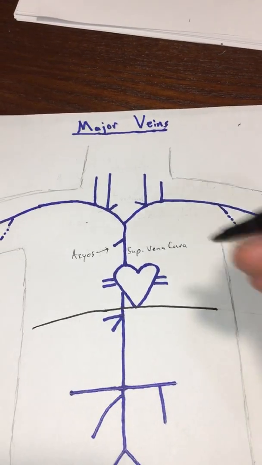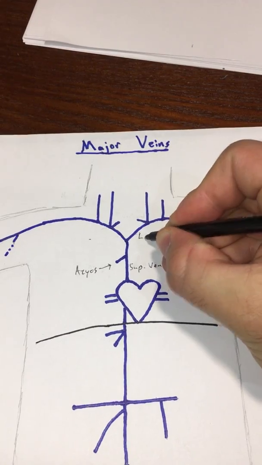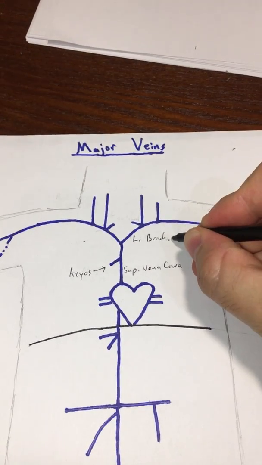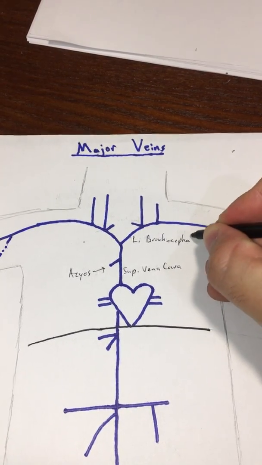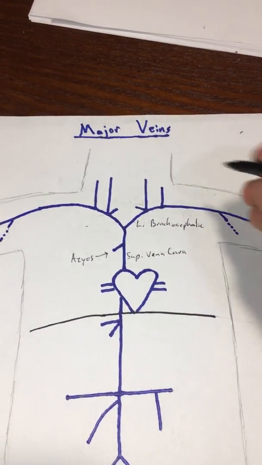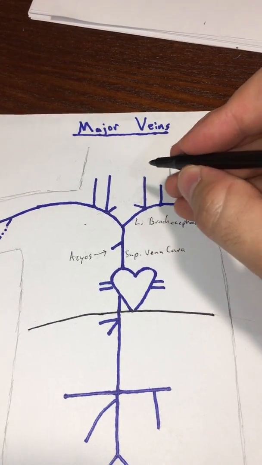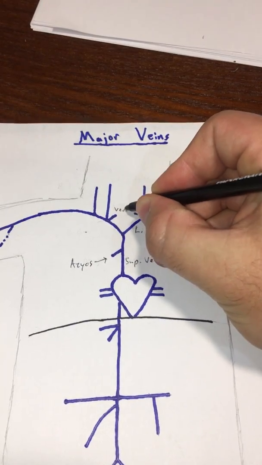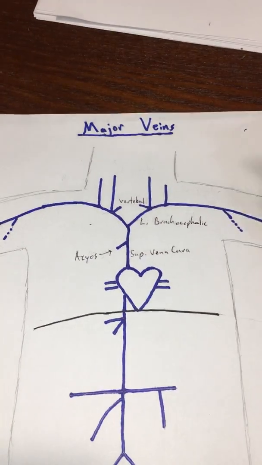But let's just do the left side. So at this first branching point, we're going to have the left brachiocephalic vein right there. And then you have another branching point where you have a vertebral vein coming out here.